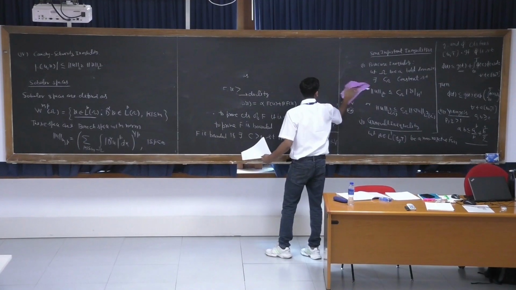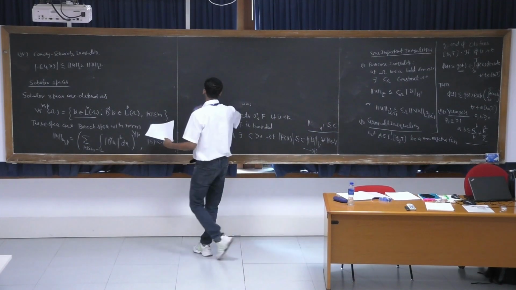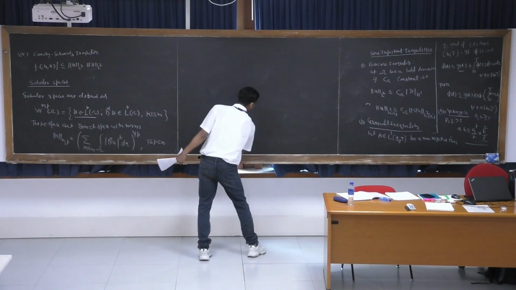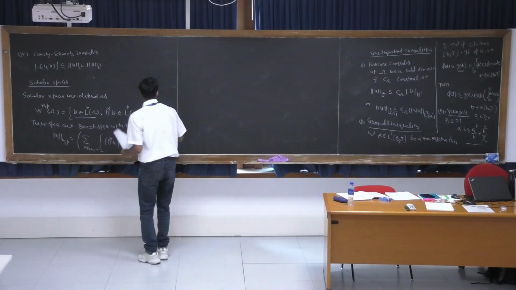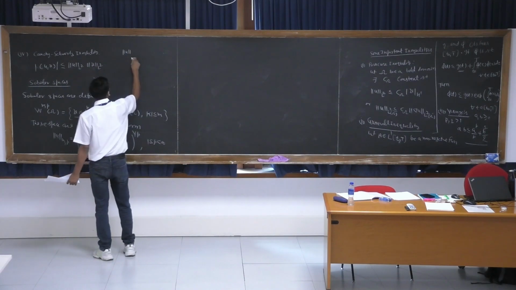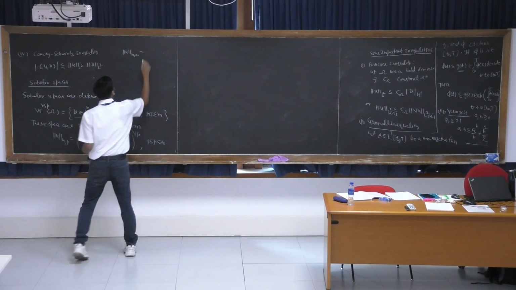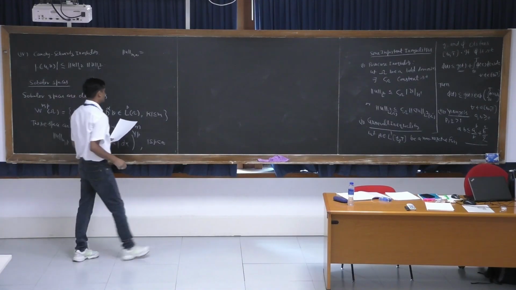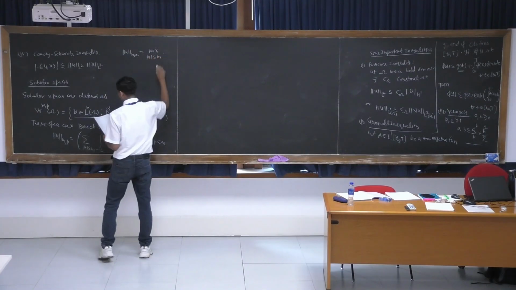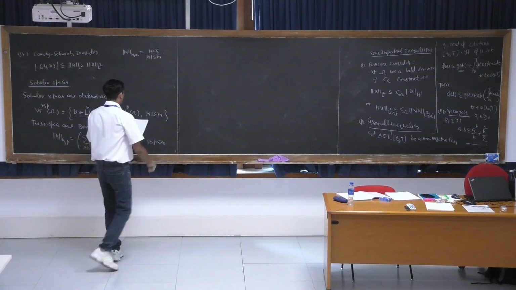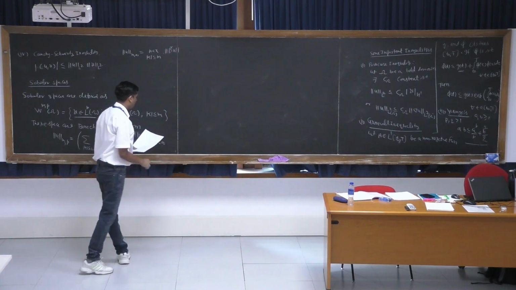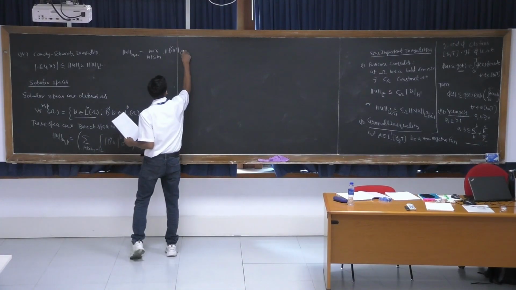For p equal to infinity, we can define another norm, that is, the L infinity norm. For u in W^{m,infinity}, this is just the maximum over mod alpha less than or equal to m of the norm of D^alpha u over L infinity.